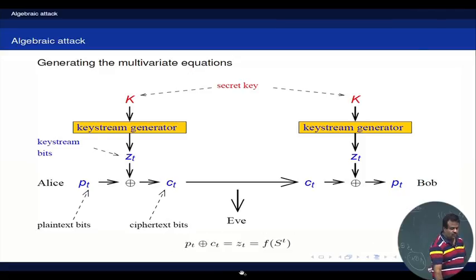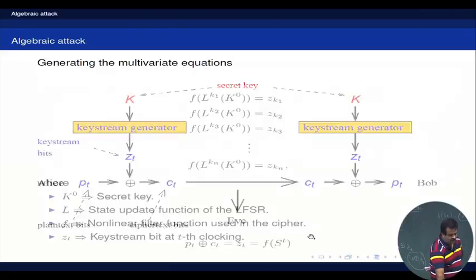Now suppose the attacker has this ciphertext, a few ciphertext bits and the corresponding plaintext bits. So this is a known plaintext attack. Then the attacker has this system of equations.